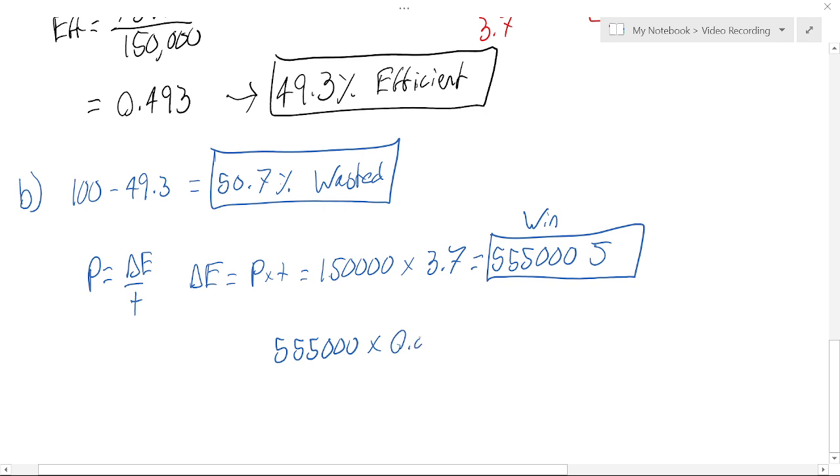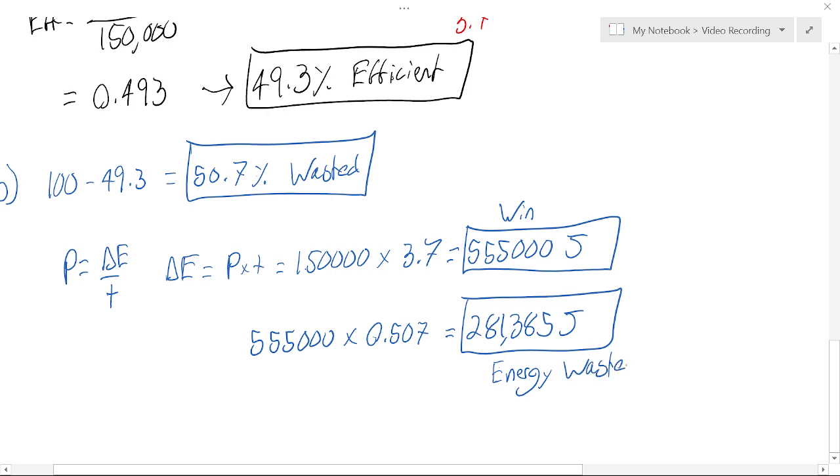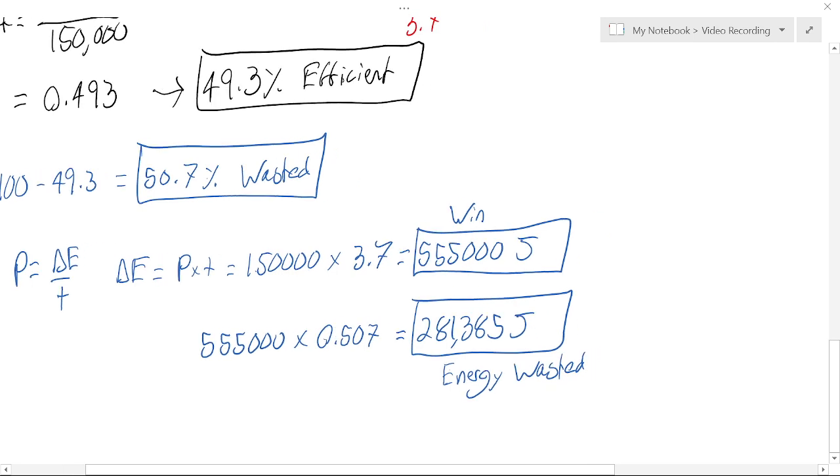So we can multiply by 0.507 to get 50.7%, and that's equal to 281,385 joules. So this is how much energy was wasted as heat. So this went into heating up the engine or friction with the road. This is energy that did not accelerate the car.